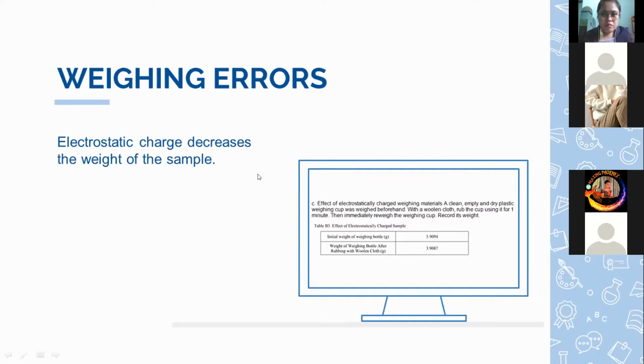So here we have from 3.9094, naging 3.9087 siya after i-rub ang woolen cloth sa cup. So therefore, electrostatic charge decreases the weight of the sample.